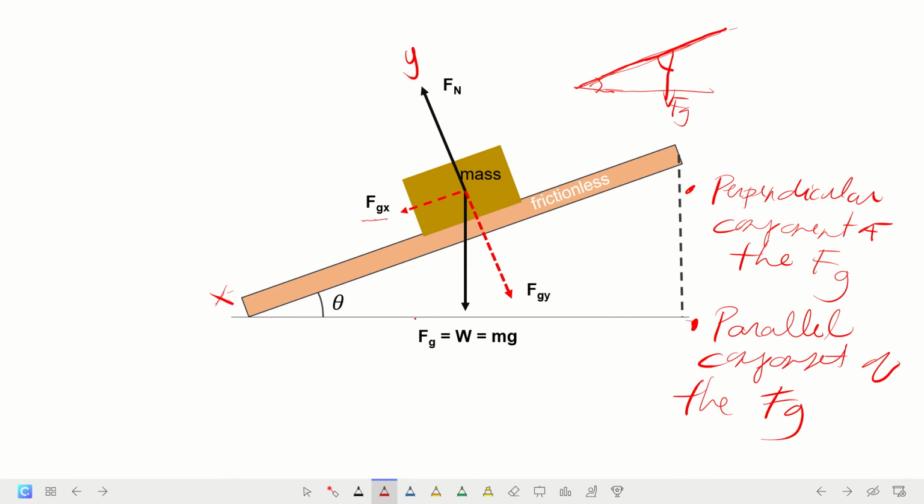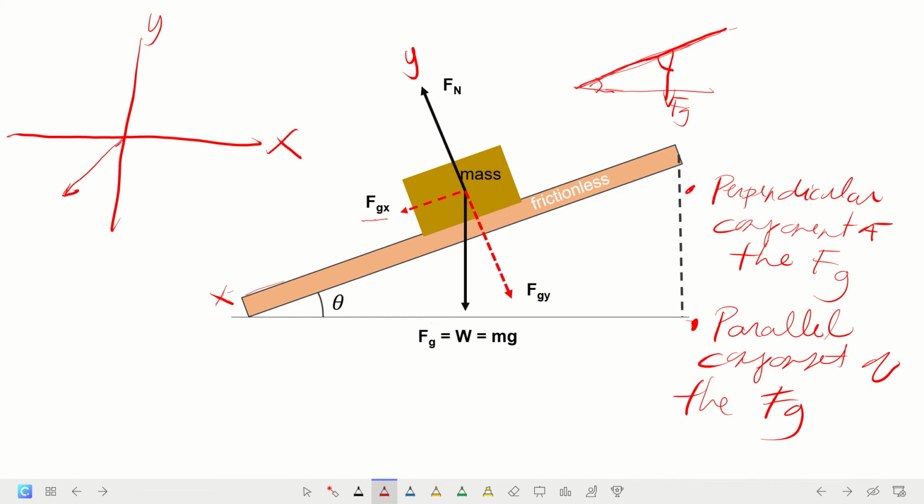So recall how we resolve vectors. So this is our vector. So suppose that kung i-tilt natin to, itong plane na to, suppose that this is a flat plane. So this would be our x and this would be our y. So this force due to gravity, if we tilt this back to a horizontal plane, the force due to gravity would be directed this way.